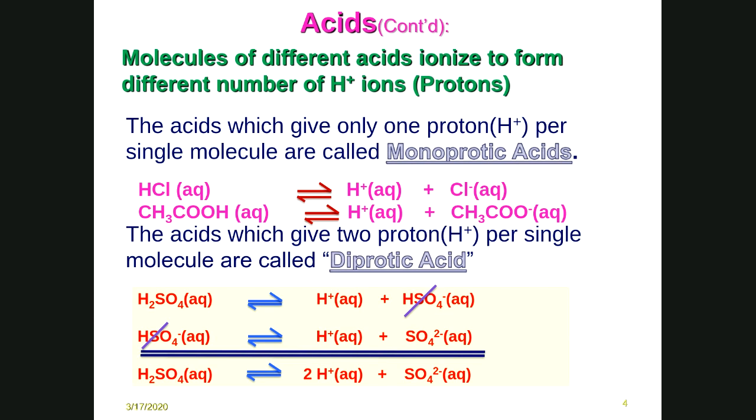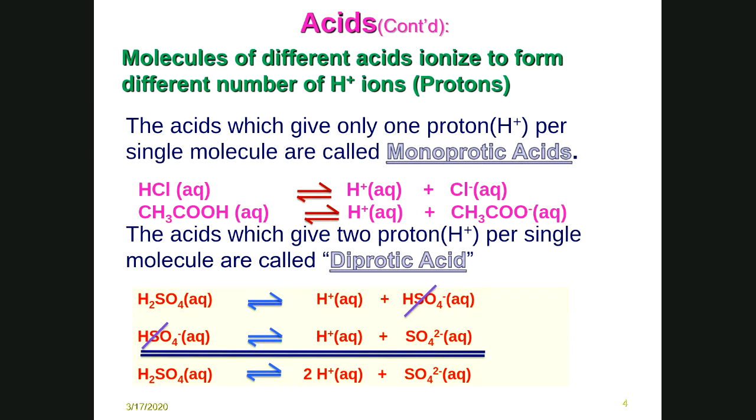Now, there are different acids also, based on how many protons they can provide in the water. The acids which give out only one proton are called monoprotic acids. Mono is a term used for one.